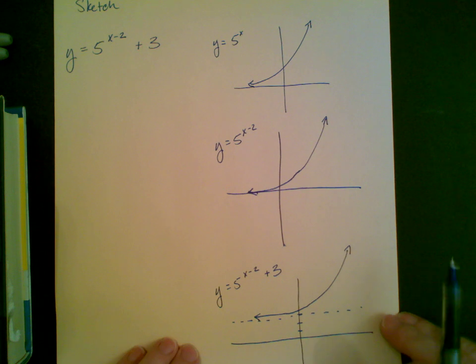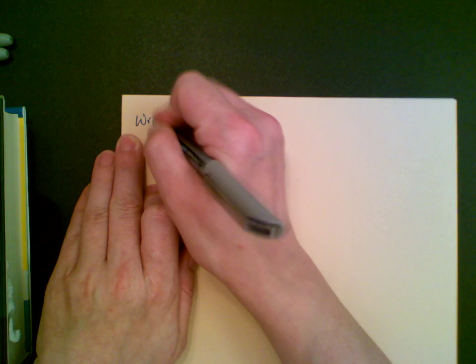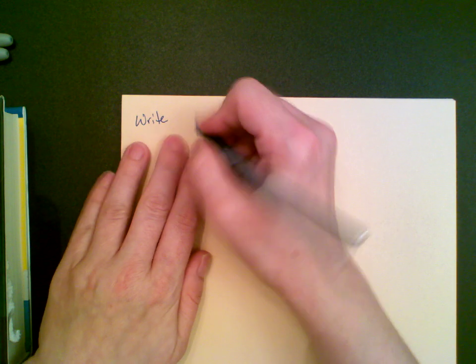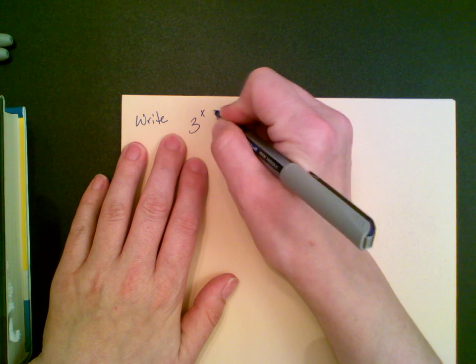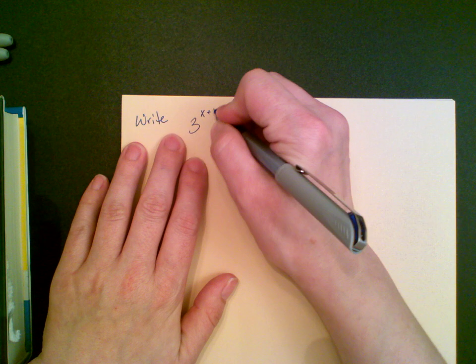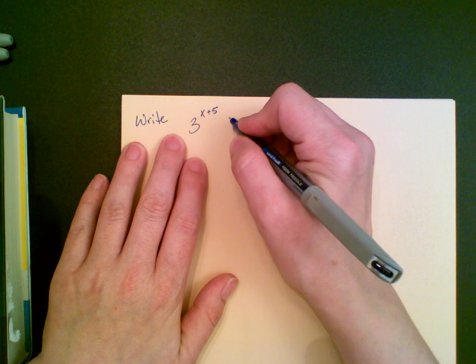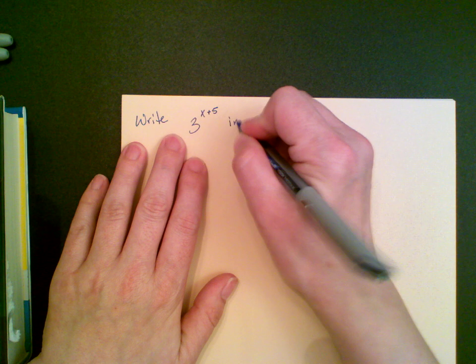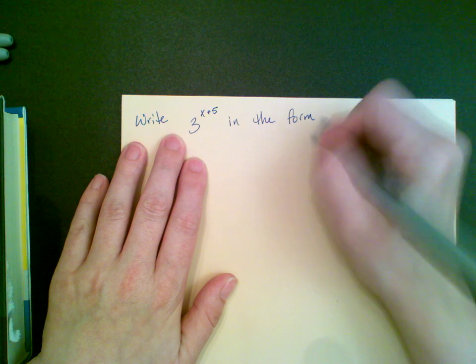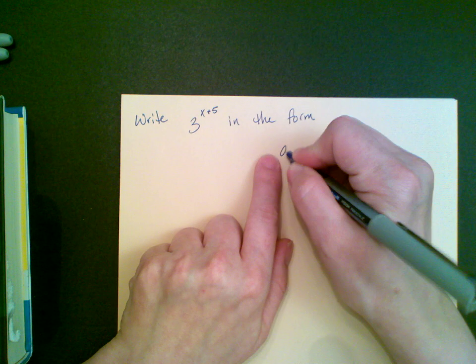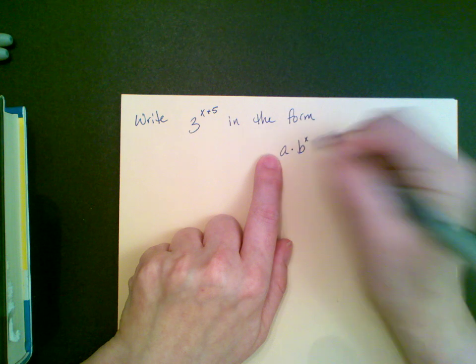And then finally, we're going to write a function. We're going to write 3 to the x plus 5 in the form a times b to the x.